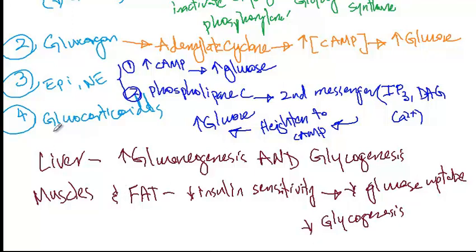And so that's why excess glucocorticoid exposure causes insulin resistance and hyperglycemia, which is seen in type 2 diabetic patients.